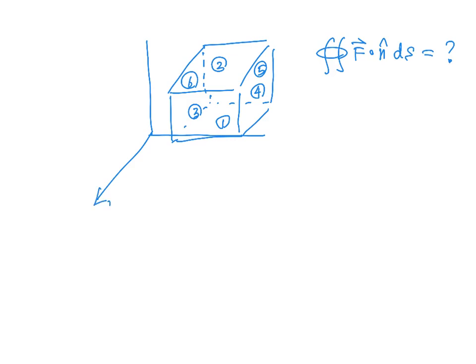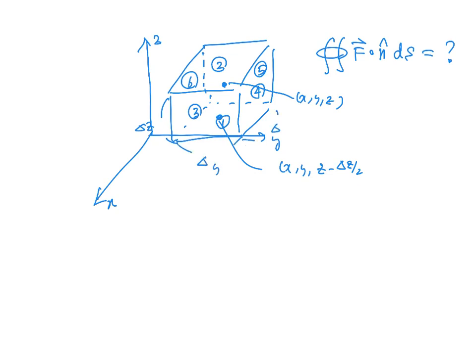So let's say X, Y, Z. So let's start with 1 and 2. And as before, I'm going to put the center as X, Y, Z. So this point will be X, Y, Z minus delta Z over 2.